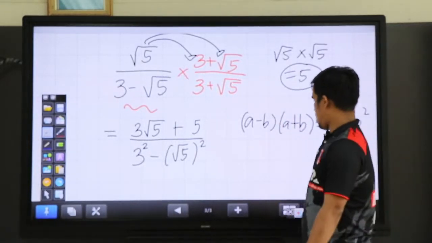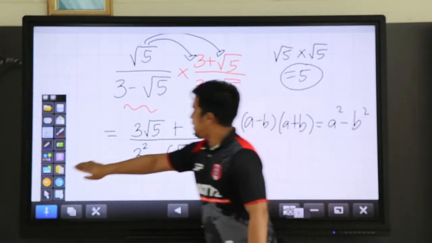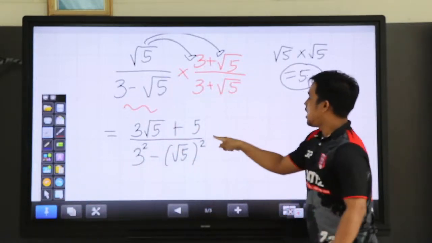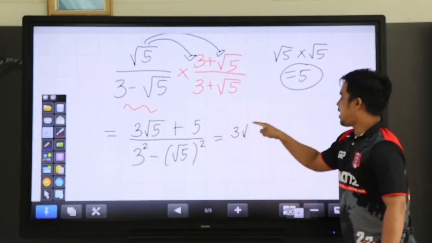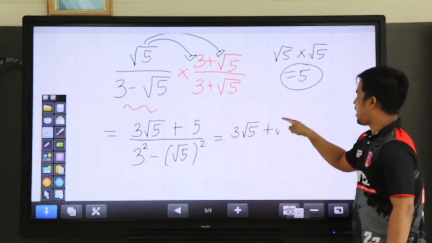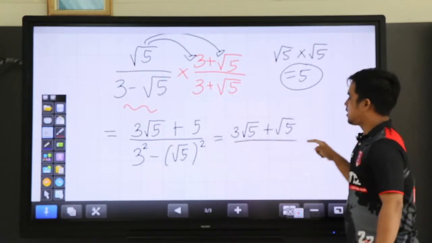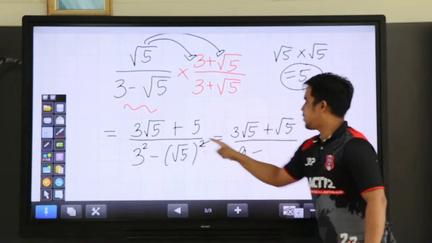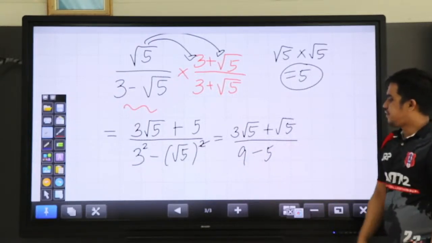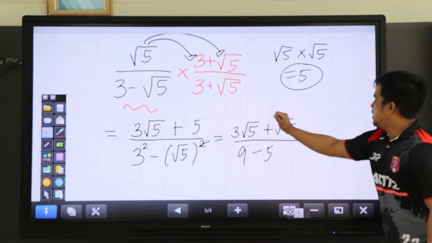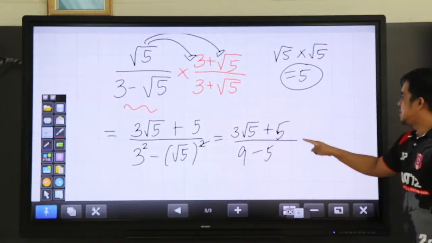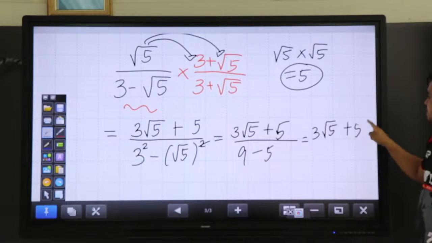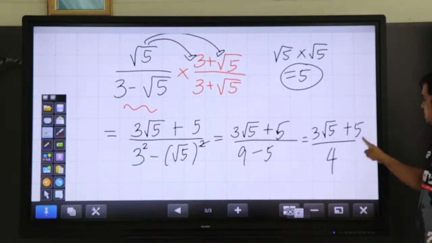So now we have 3 root 5 plus square root of 5 over 3 squared, that is 9, minus 5. So the final answer is 3 root 5 plus 5 over 4.